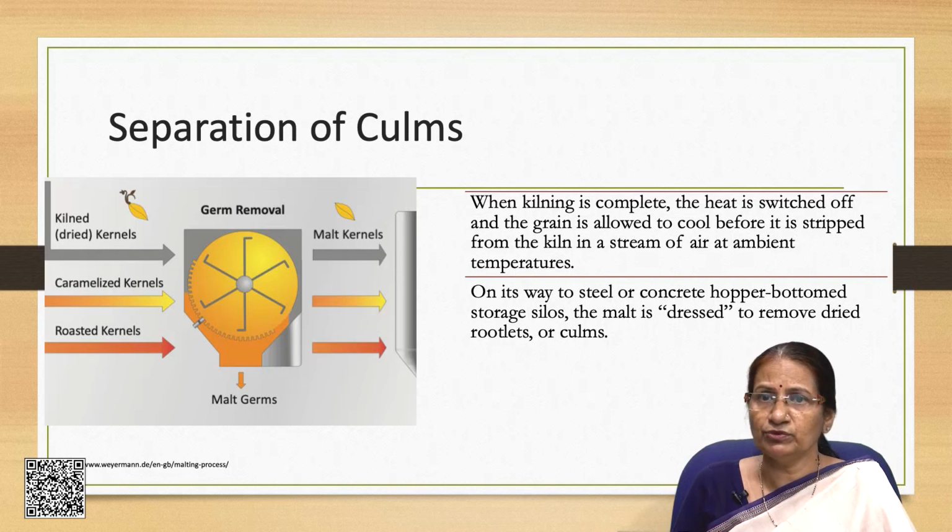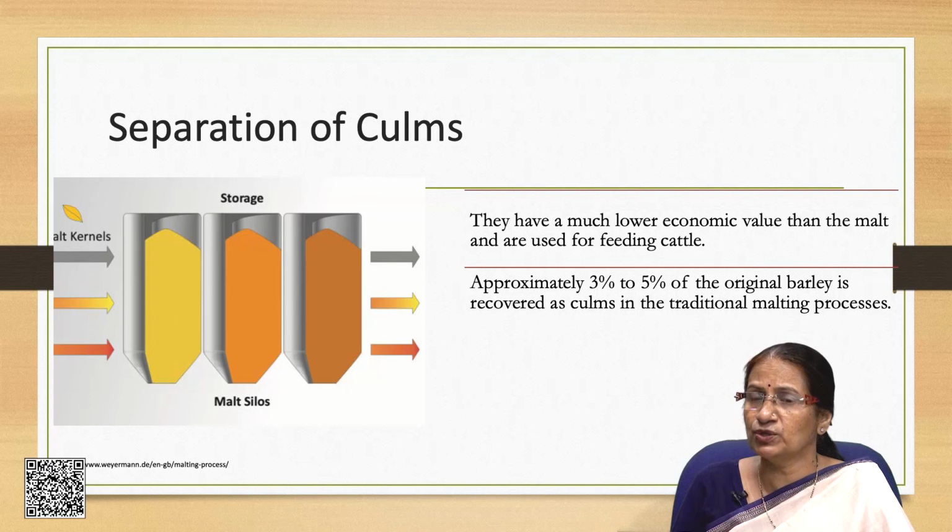On its way to steel or concrete hopper bottomed storage silos, the malt is dredged to remove dried rootlets or culms, which are extremely hygroscopic and must be stored out of contact with the air. They have a much lower economic value than the malt and are used for feeding cattle. Approximately 3 to 5% of the original barley is recovered as culms in the traditional malting process.